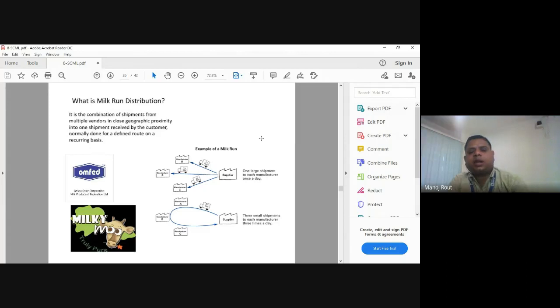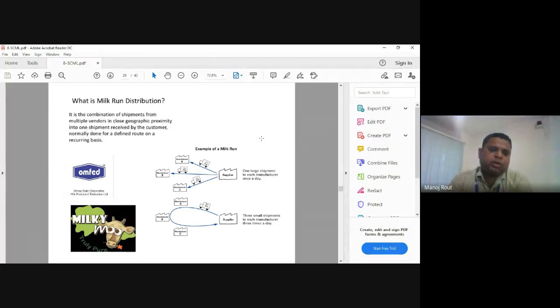They eliminate the cost of transportation by employing only one truck for the different manufacturers. But in the traditional way, they employed 3 number of trucks. So why are companies like Amul and Milk Moo implementing this? To reduce the transportation cost and the distribution operational expenses.